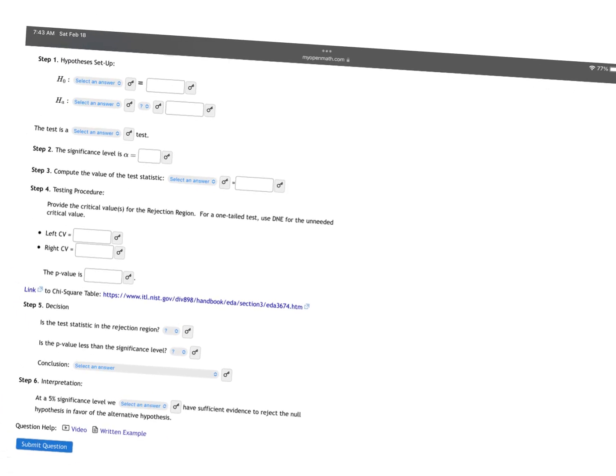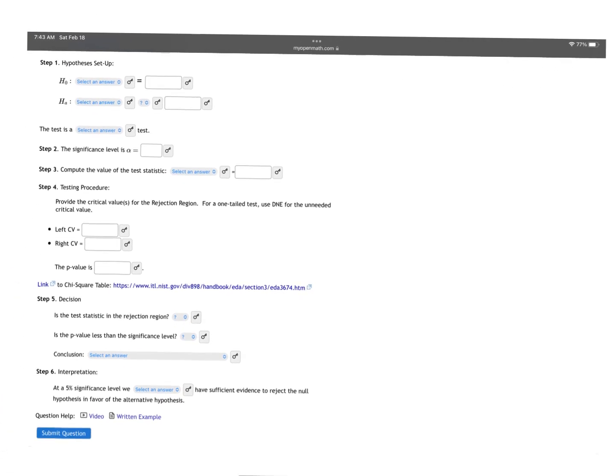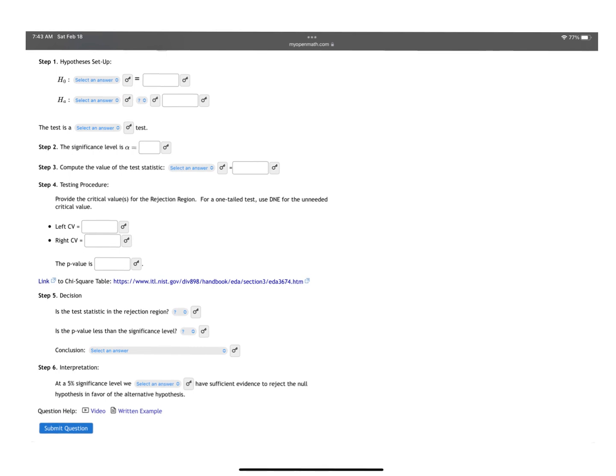All right, so this is the next one. This one gave us a bunch of data. So the same thing, you're going to start with chi-squared equal to whatever that number is in the problem.